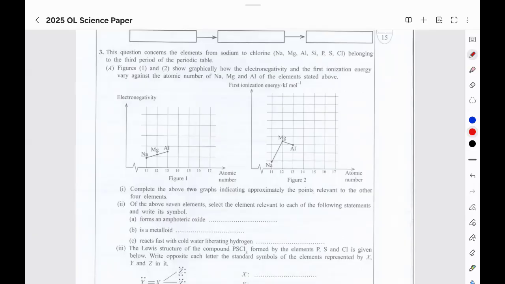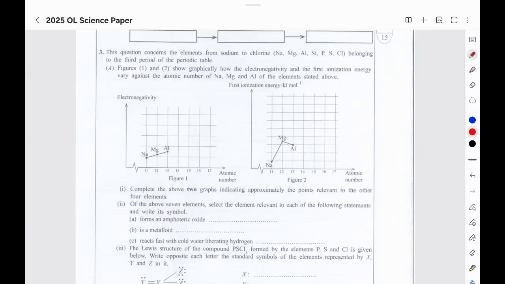The question concerns the elements from sodium to chlorine: sodium, magnesium, aluminium, silicon, phosphorus, sulfur, chlorine, belonging to the third period of the periodic table. Capital A, figure 1 and figure 2 show graphically how the electronegativity and the first ionization energy vary against the atomic number of sodium, magnesium, aluminium of the elements stated above.